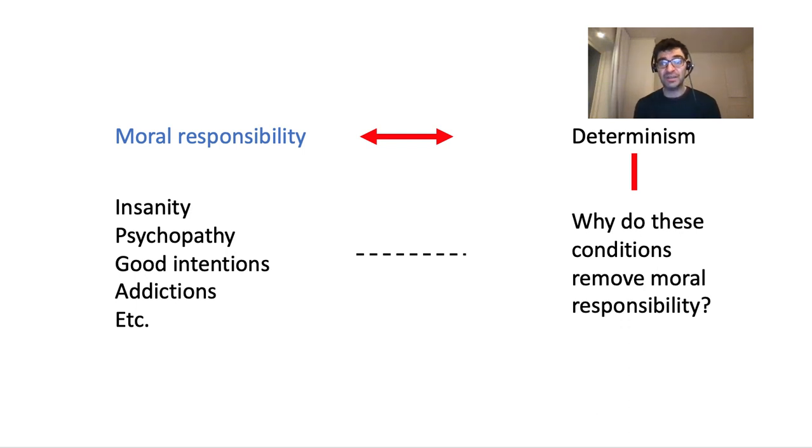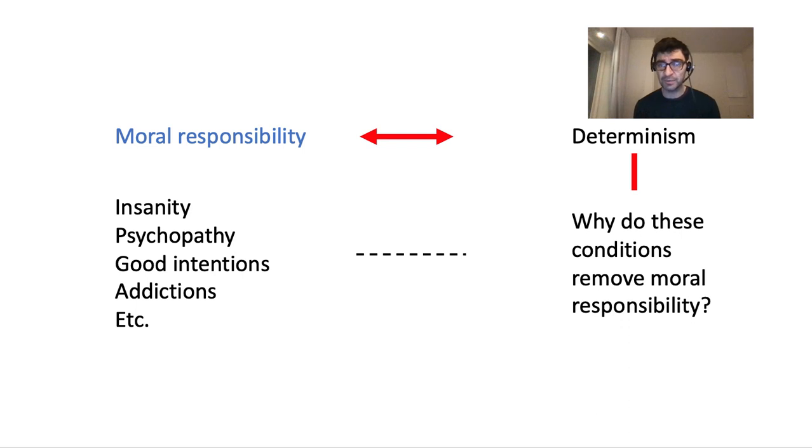Franklin's strategy then is to ask, why exactly do these conditions remove or diminish moral responsibility? For example, what exactly is it about insanity such that if a person is insane, he or she is not fully morally responsible for their actions? So he looks at the kinds of conditions where we ordinarily believe that these conditions remove or diminish moral responsibility.